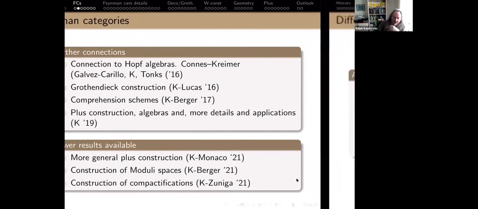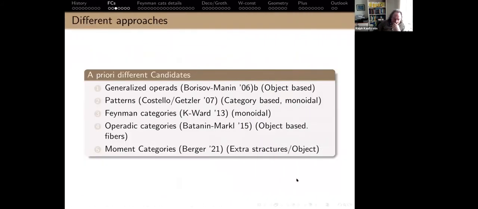All right. So let me relate this work to other different approaches. So I wasn't the only one trying to unify the zoo or to understand what's going on. So this is by arXiv number. The earliest thing was generalized operads by Borisov and Manin.